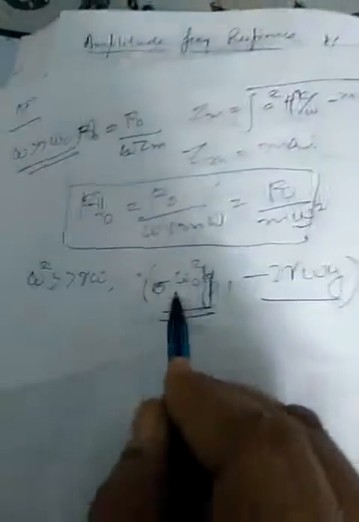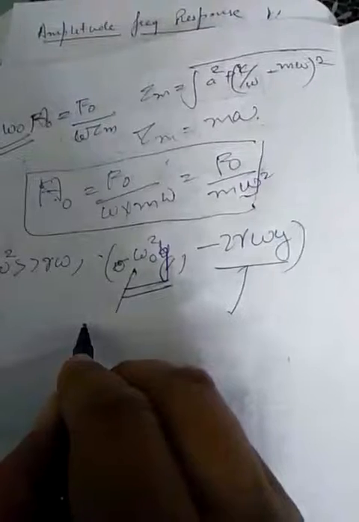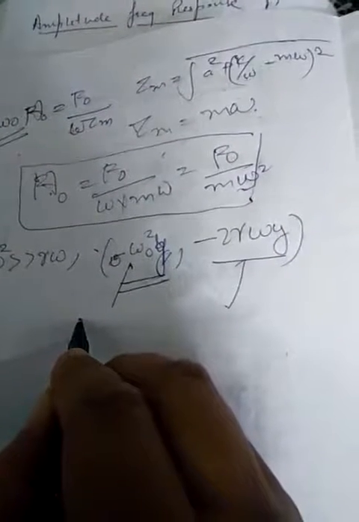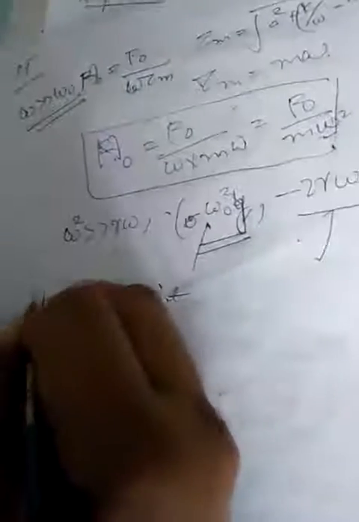So at high frequency these two factors, the elastic factor and the damping factor, will be very small. So this motion is determined by the external driving frequency. So d2y by dt square is equal to f naught by m cos of omega t, and y will be equal to minus f naught by m omega square cos of omega t, which is equal to a naught cos of omega t, where a naught is equal to this one.